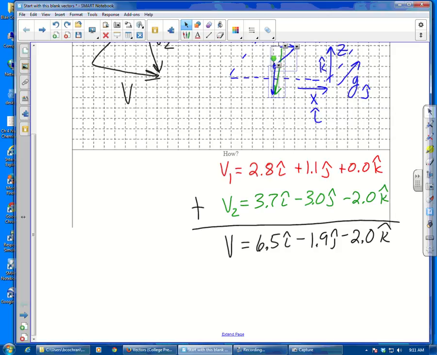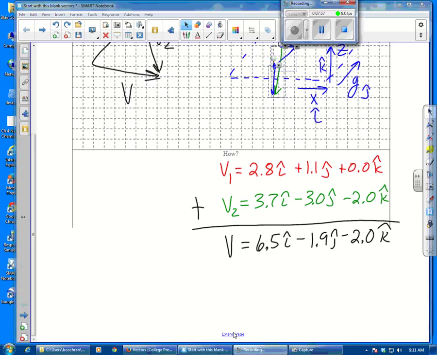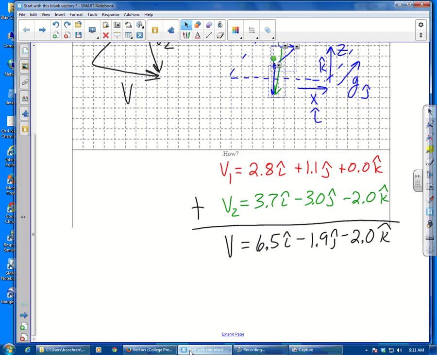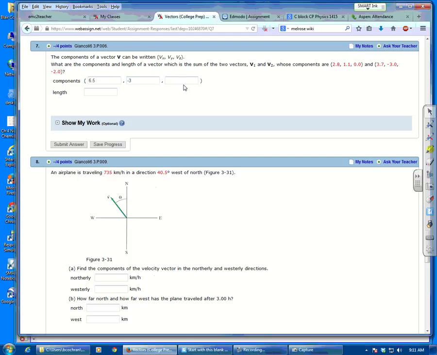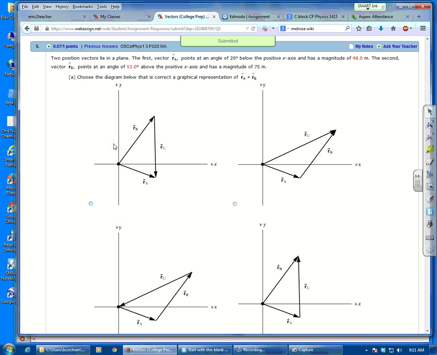So that's what I'm going to check. Let's see if I got it right. 6.5, and negative 3, and negative 2. Let me see if I got it. After all, it is Wednesday.